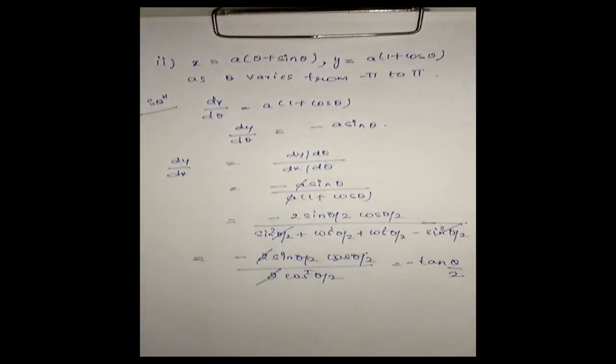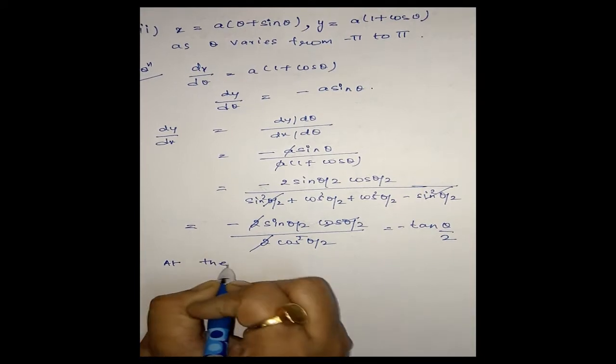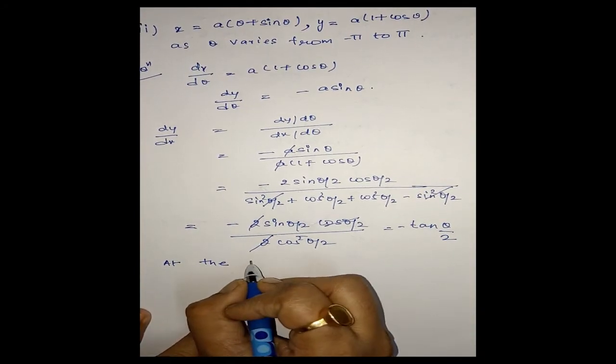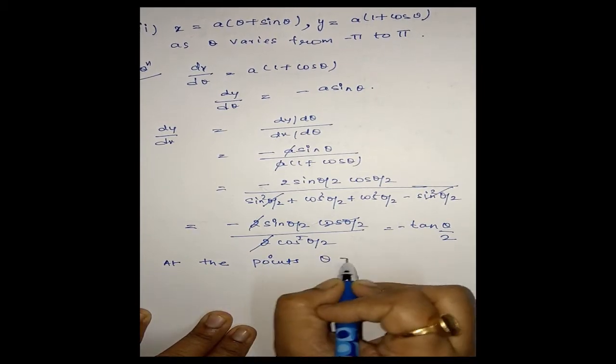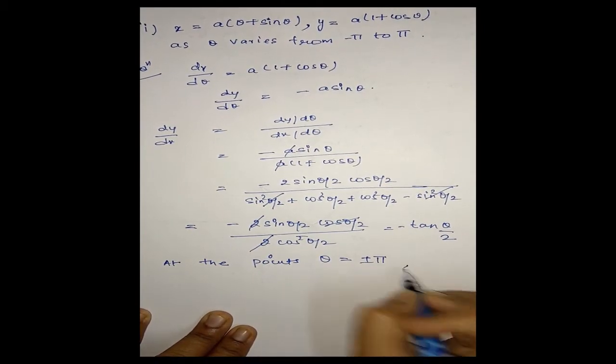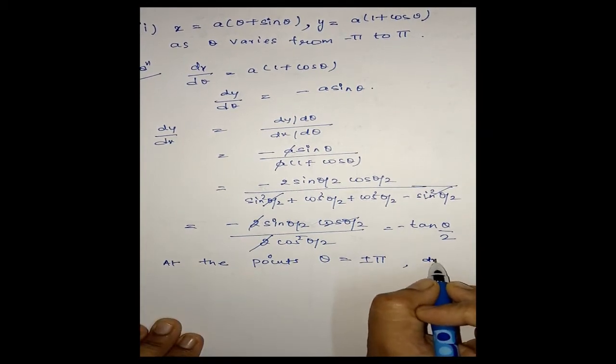Now, same as in the previous example, at the points theta is equal to plus minus pi, dx by d theta is 0.